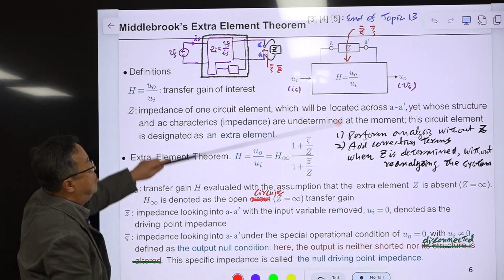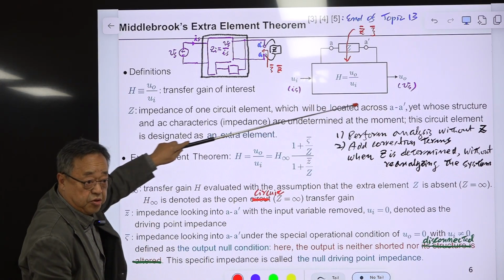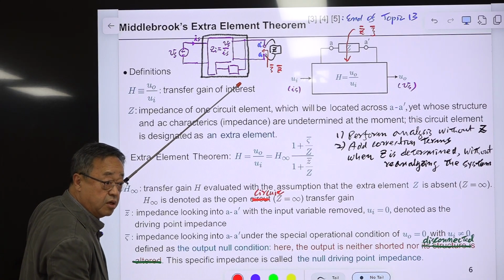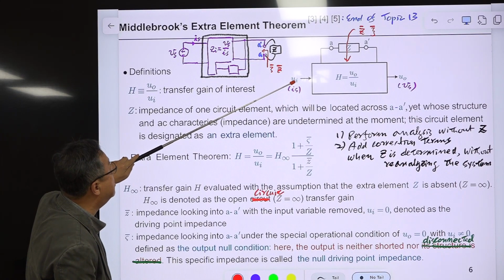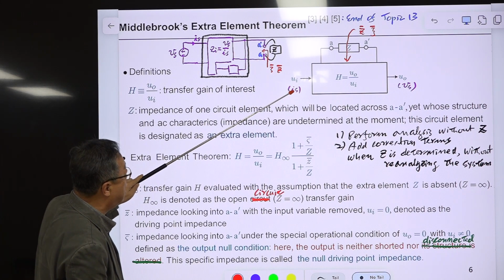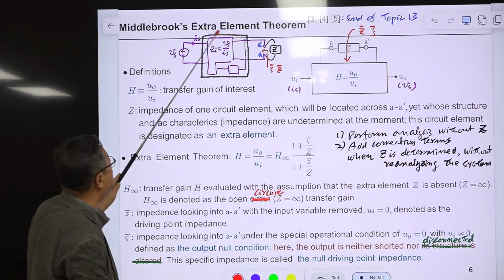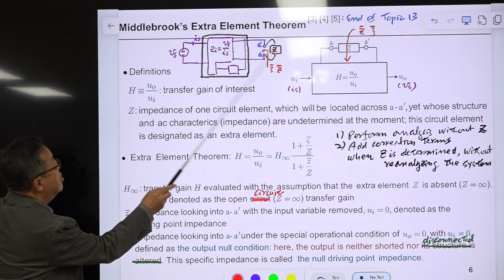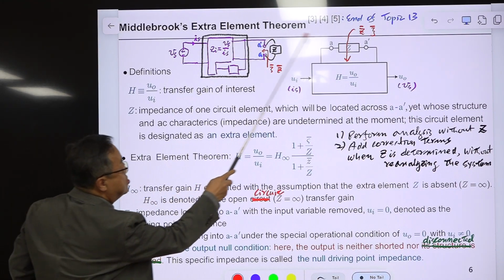Definitions. This is the extra element theorem. This is some arbitrary network, something similar to this, and consider this VI is IS in this case, and UI is IS, and UO is VS. So this is input, and this is output.